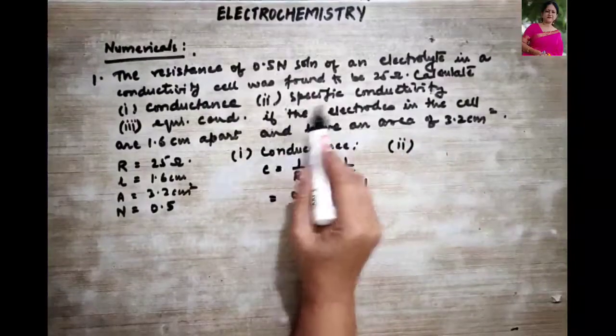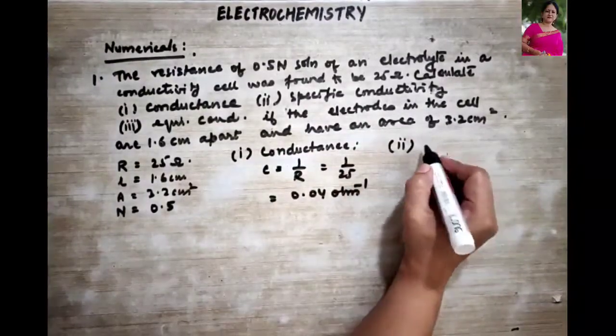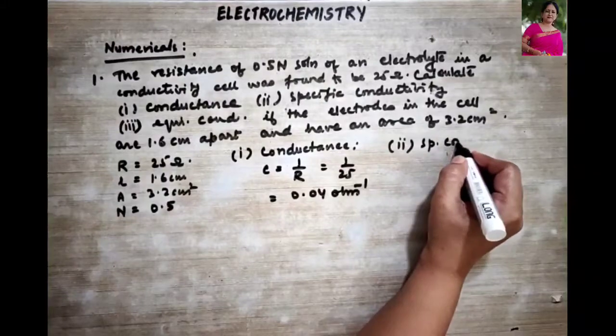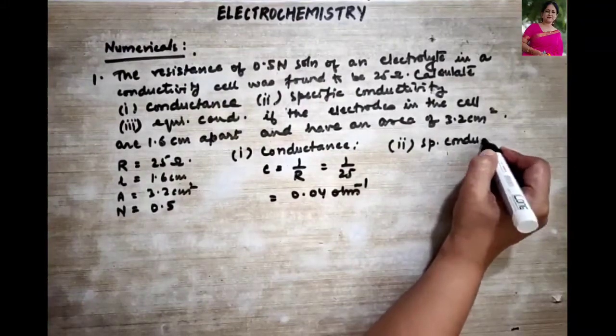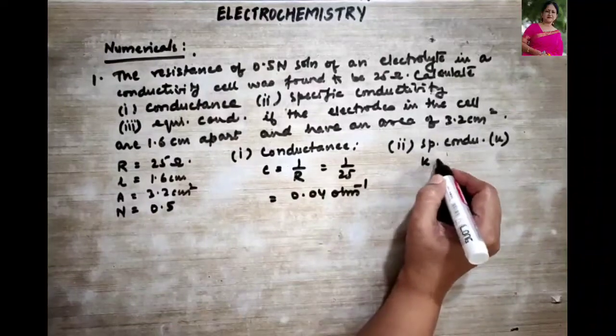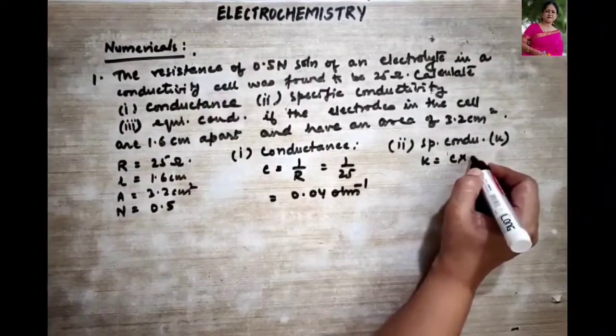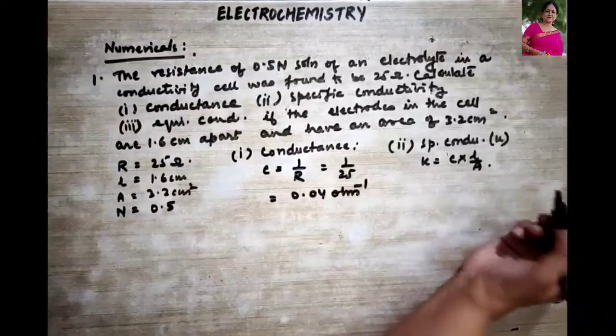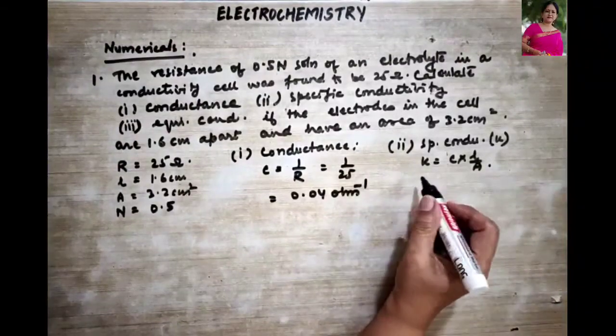Second one says specific conductivity, which is also called kappa K. So this K is equal to what? C into L upon A, right? So what is your C?